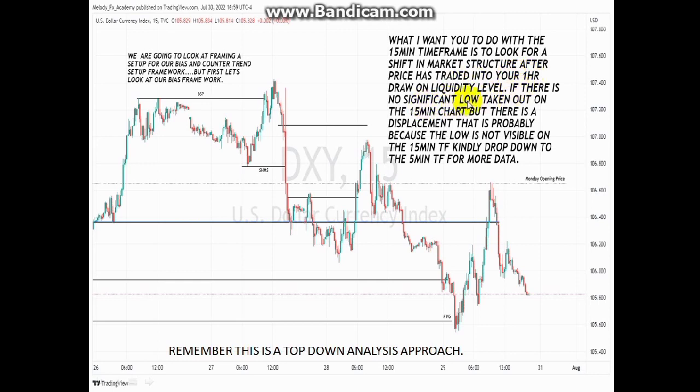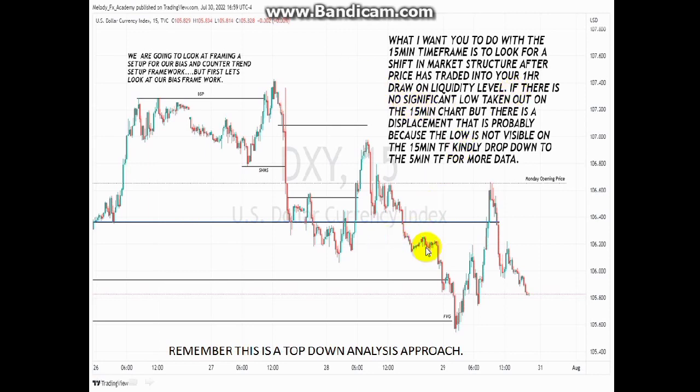If there is no significant low taken out on the 15-minute chart, but there is a displacement, as you can see right here, then if we were to expect a shift in market structure, we have to definitely see this low taken out right here, and that would make us probably miss the whole move.